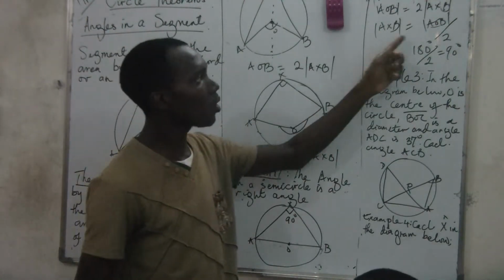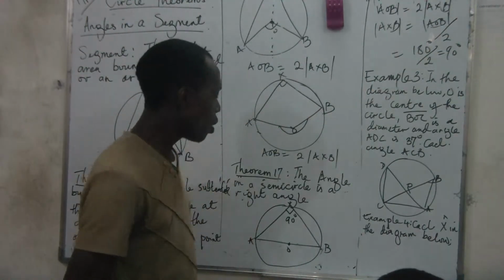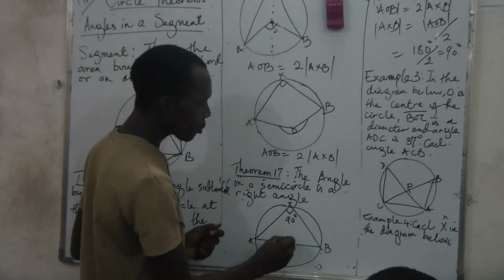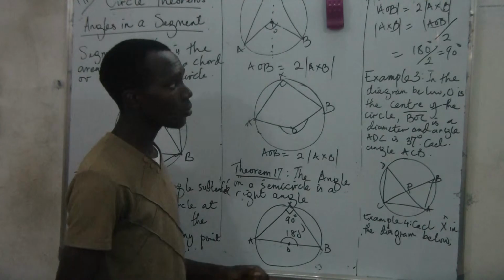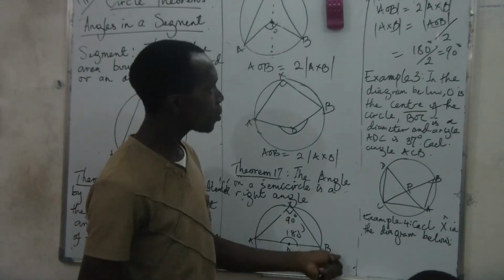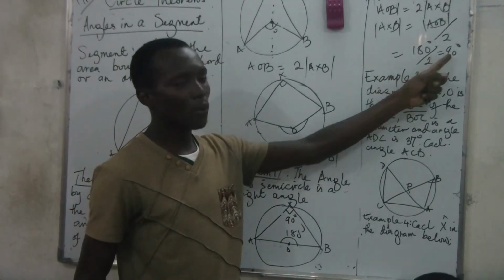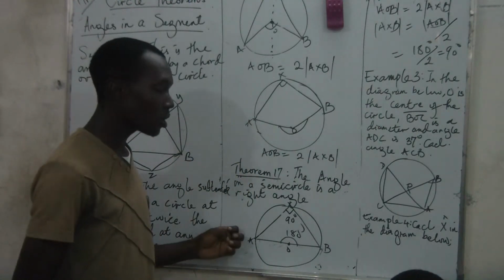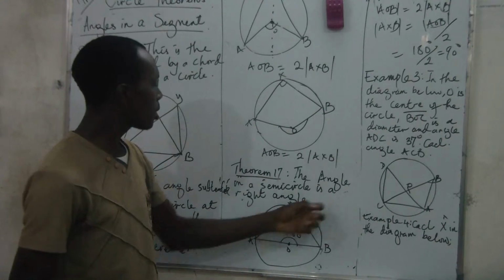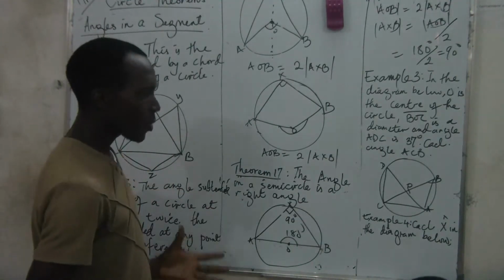That means that AXB is AOB divided by 2. So if this angle is 180 degrees, then the angle AXB is 180 divided by 2. That's 90 degrees. So that proves this theorem very vividly. We say that the angle in the semicircle is a right angle.